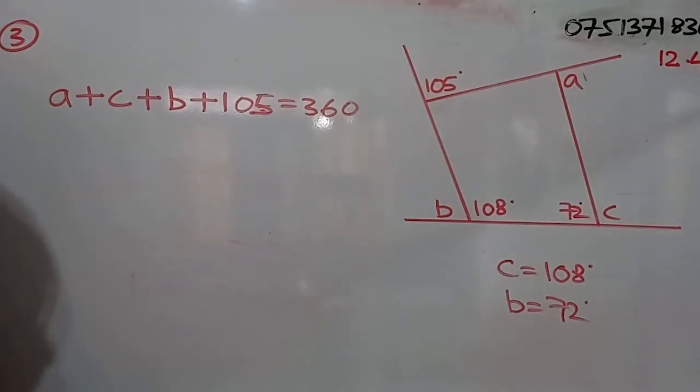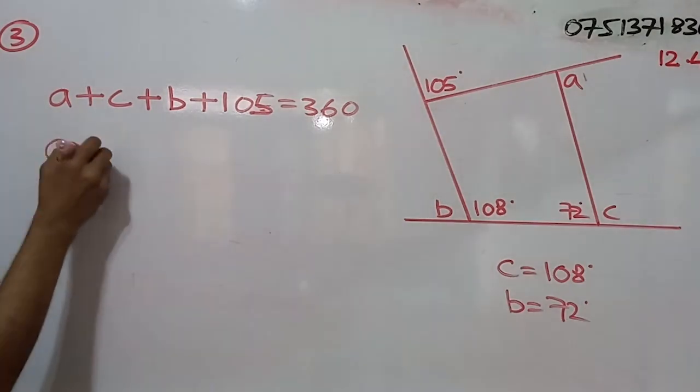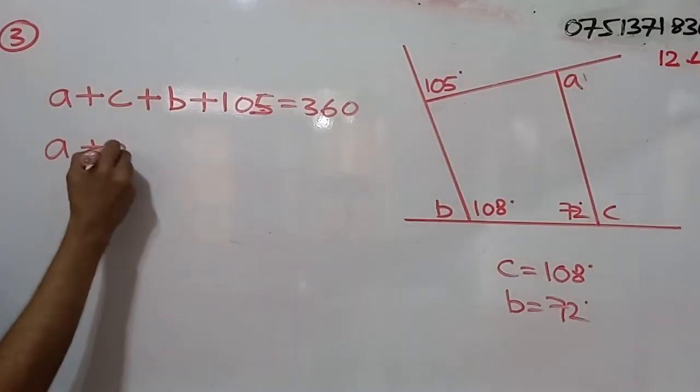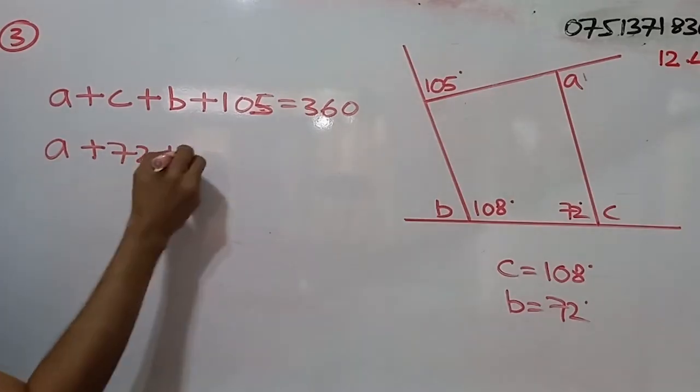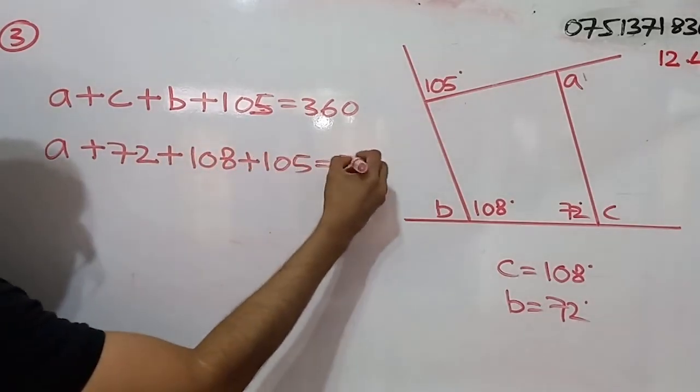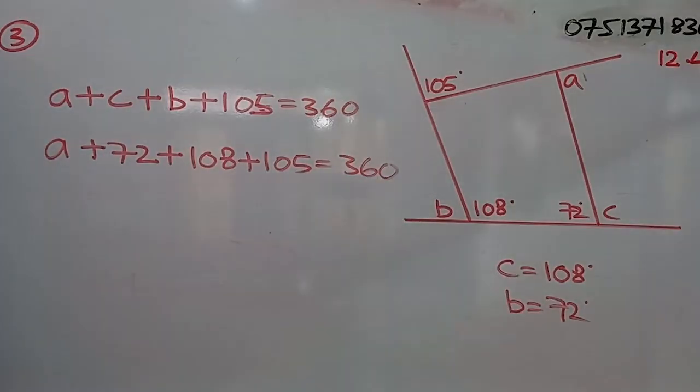What is the reason? Sum of external angles of a quadrilateral. We need to calculate the magnitude of A. B is 72 degrees. C is 108 degrees. Then we have 105. So that is equal to 360.